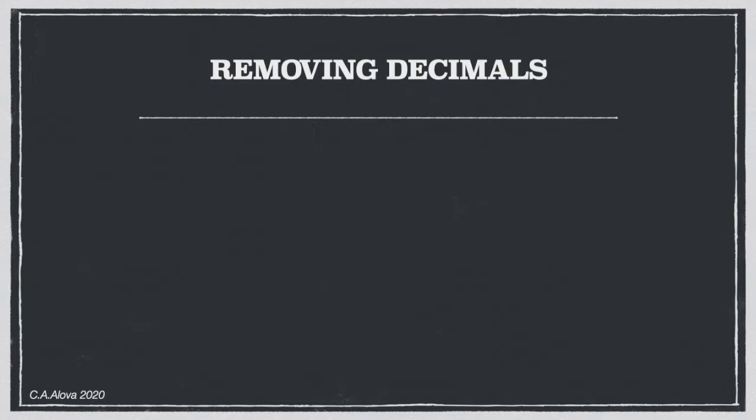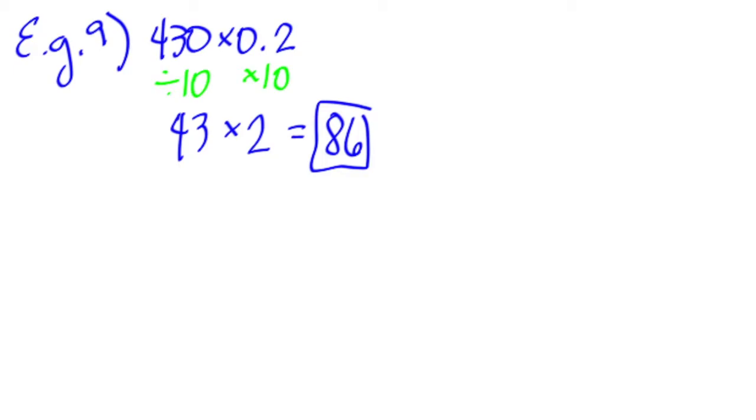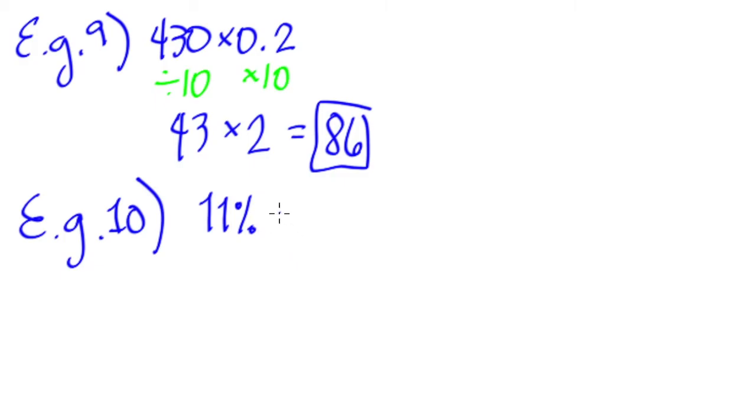Okay, so that's it. Example 10. We'll have decimals this time. Let's put that in writing. Example number 10: what is 11% of 2700? Take note that in mathematics, of is always a multiplication sign. Again, we can rewrite this 11% as 0.11.